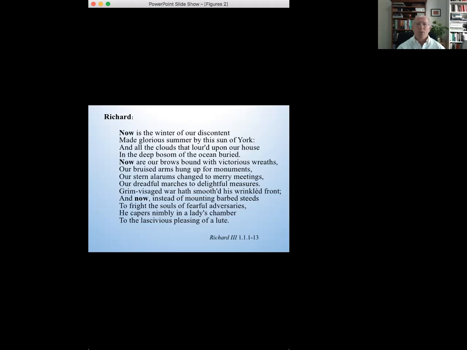Now are our brows bound with victorious wreaths, our bruised arms hung up for monuments, our stern alarms changed to merry meetings, our dreadful marches to delightful measures. Grim-visaged war has smoothed his wrinkled front, and now, instead of mounting barbed steeds to fright the souls of fearful adversaries, he capers nimbly in a lady's chamber to the lascivious pleasing of a lute."